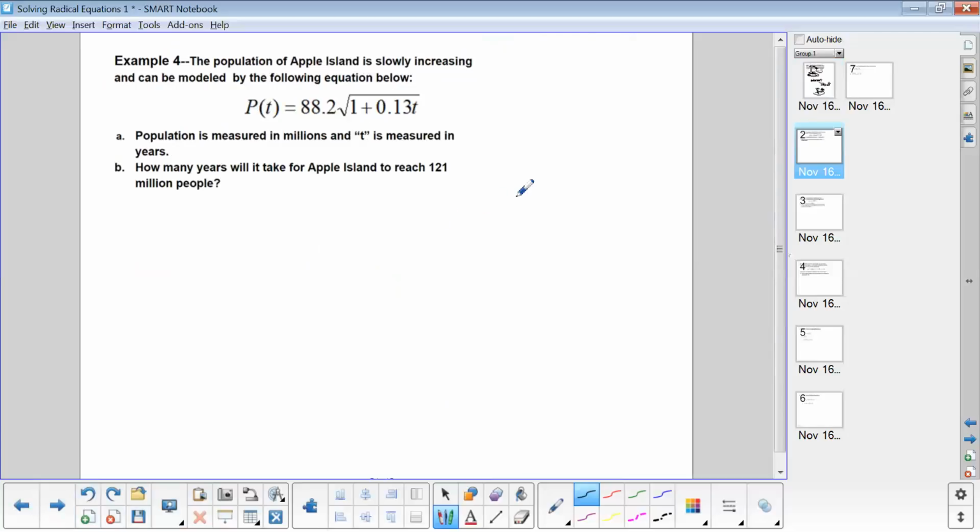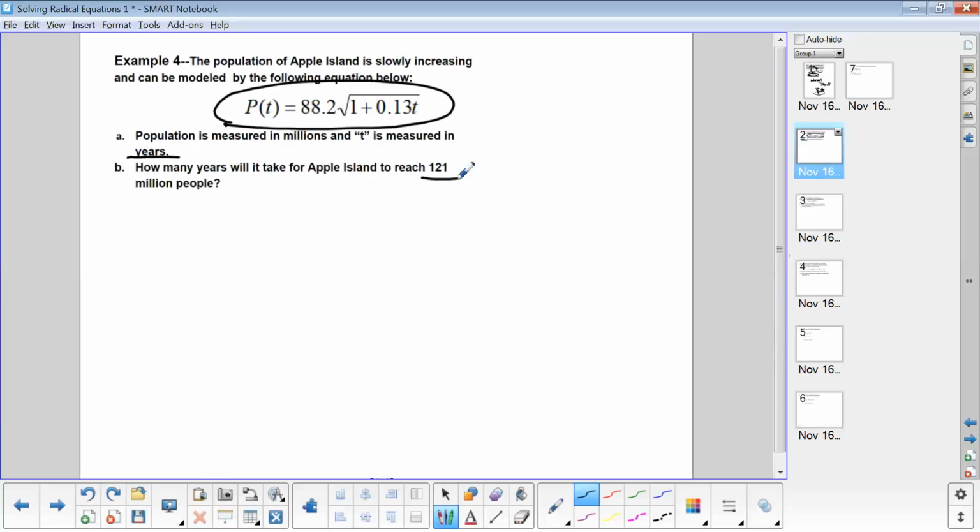The second equation deals with population. So if I said I have this function which models population growth, and it's growing slowly, but we're also talking about millions. This P of t just represents the function we'll call P with an input of t. And notice our input here for t is going to be measured in years, our time in years.